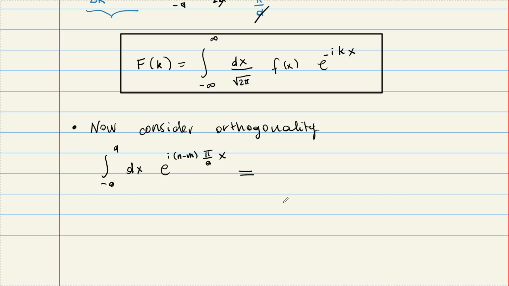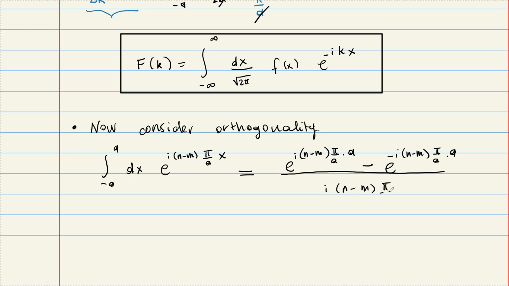What we found there is, let me write the result: e to the i (n minus m) pi over a times a, minus e to the minus i (n minus m) pi over a times a, and divide this entire thing by i (n minus m) pi over a. Because k is defined in terms of n pi over a, I have to put back a.